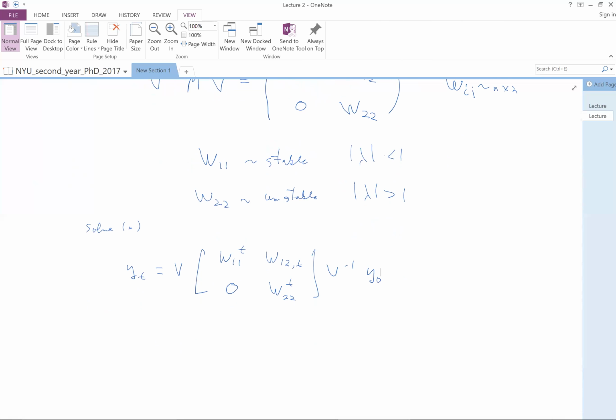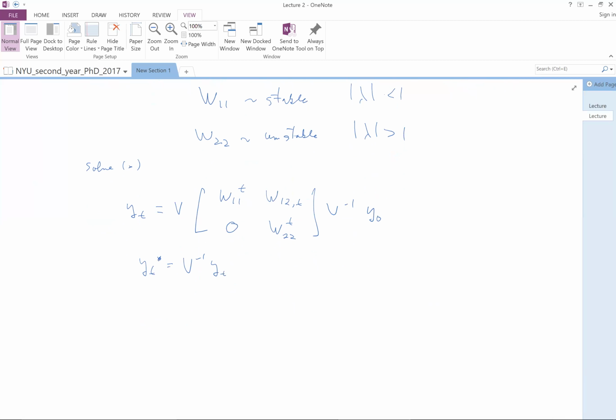Now we stare at this baby. And actually, here's a common trick. Just to make things more transparent, I'm going to define yt star equals V inverse yt. And that's going to make the dynamics simpler.